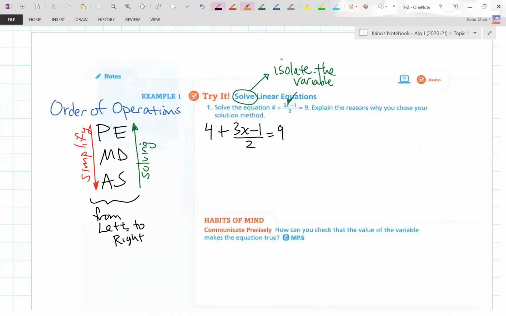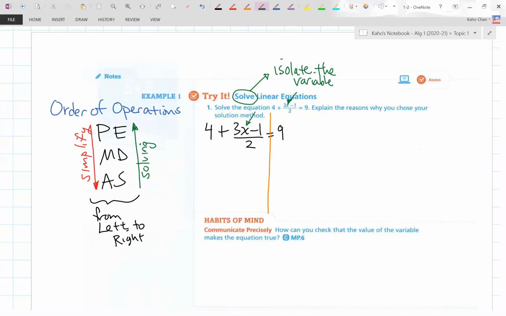Keep in mind, when you're dealing with equations, there's an equal sign. So what I like to do is split the problem into equal parts, the left side of the equation and the right side. Now the variable is buried up here in the parentheses, in the fraction bar.